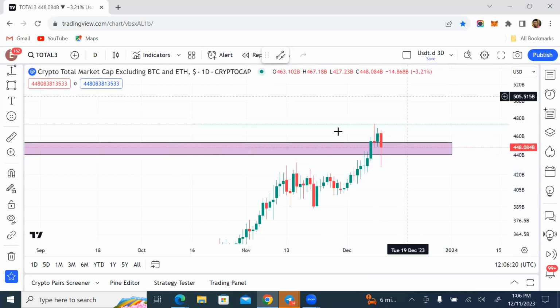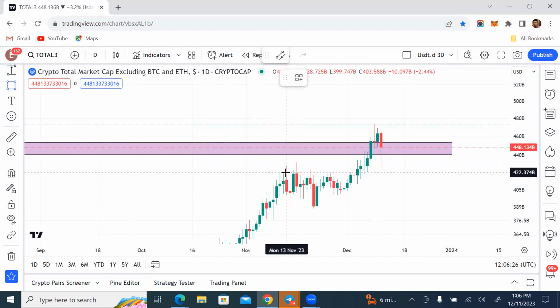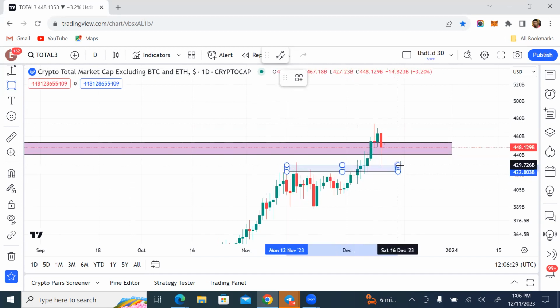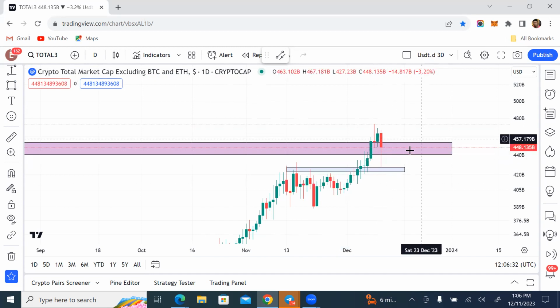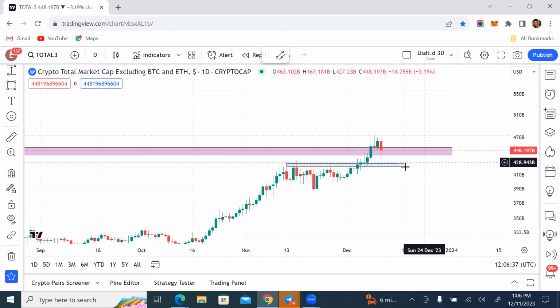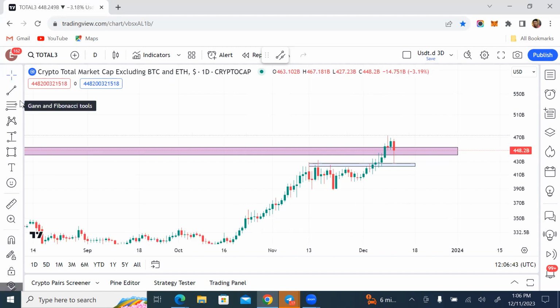So next thing we want to know is, is this a valid retest? Meaning, do you think price is going to go up? What does this look like? Looks like a valid retest on this particular level.